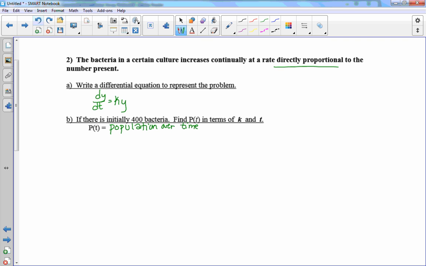Okay, so again, starting with a differential equation, dy dt equals ky. This is the last one to make you derive it, but getting into the form where it's P of T equals. So how did we do that last time?